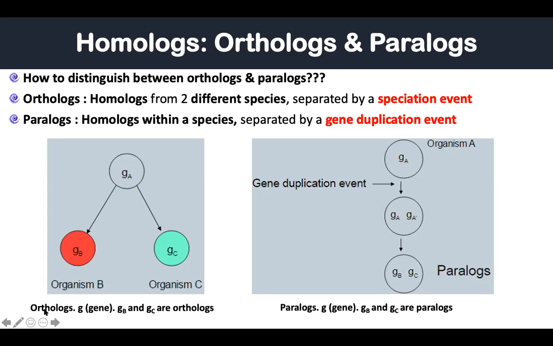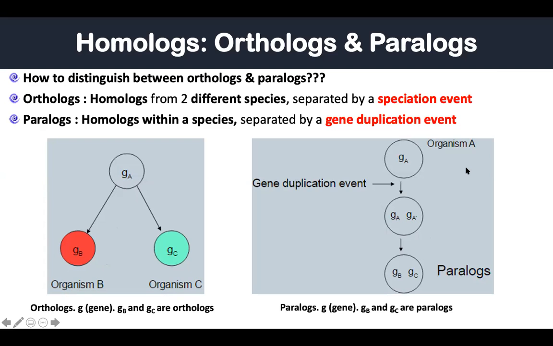So this, as you can see, I've also illustrated. This is an ortholog where you have a common ancestor, and due to a speciation event, they form two different species, and each species has a copy of the gene. So the gene is then known as an ortholog, right?